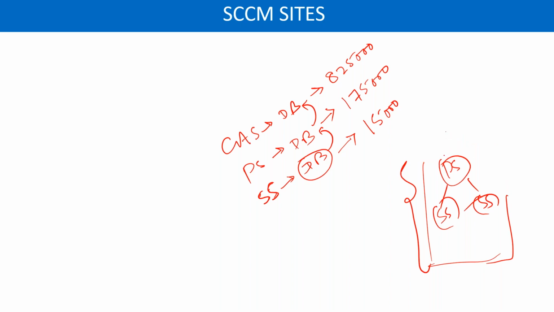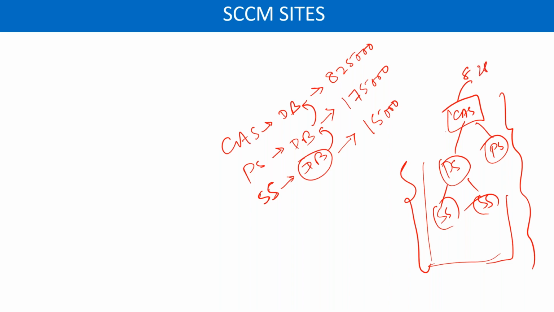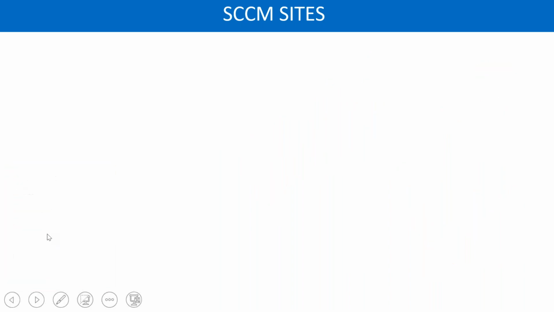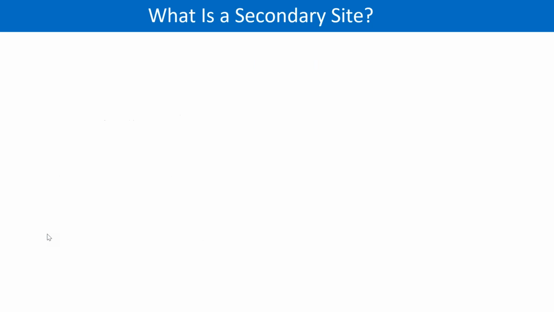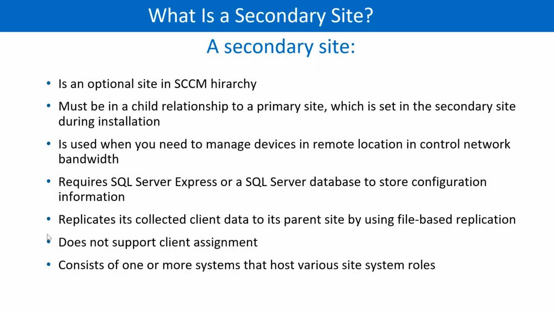And if you have primary 1 and primary 2, and you have CAS, right? Then the total number of devices it supports up to 825,000. Okay. So in the last session, we already discussed about primary, secondary, and central.